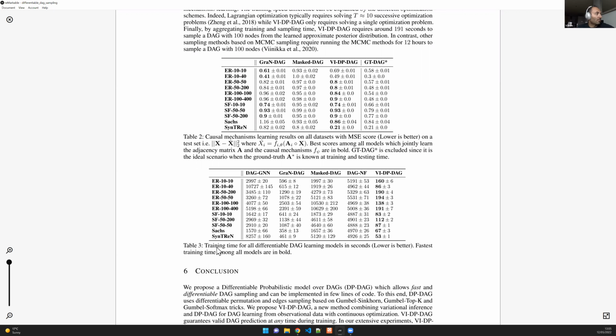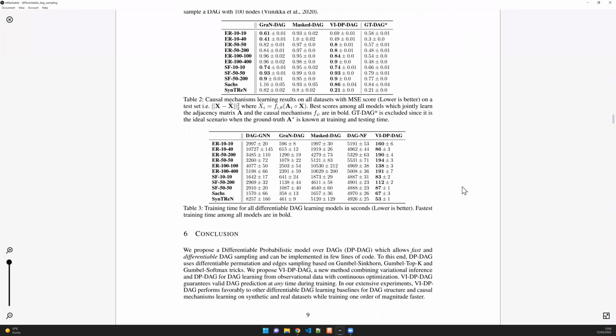This is the training time. So the bigger graphs have much bigger improvement in time, right? Yeah. Well, I don't know which methods these are actually, whether which ones were the smooth ones and which ones not. But yeah, it looks much faster, definitely. So these are all smooth. So okay, the non-smooth ones they put in the appendix.